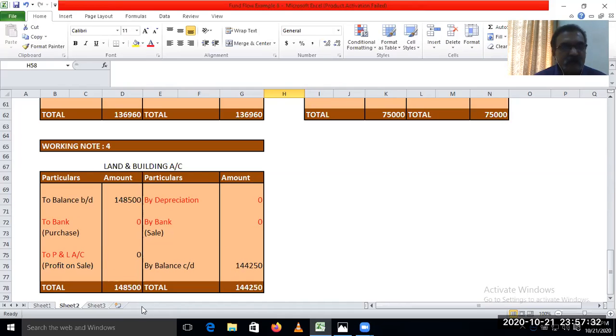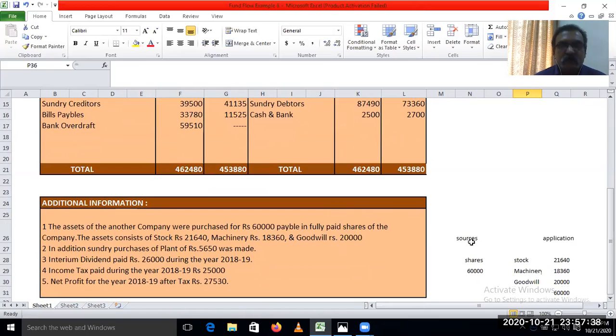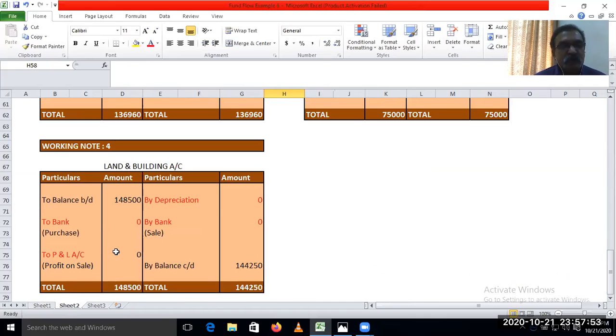As far as land and building are concerned, no information is available in the additional information. You can check out in additional information. There is neither any mention of purchase of land and building, nor sale of land and building, nor depreciation of land and building. So only this much information is known to us.